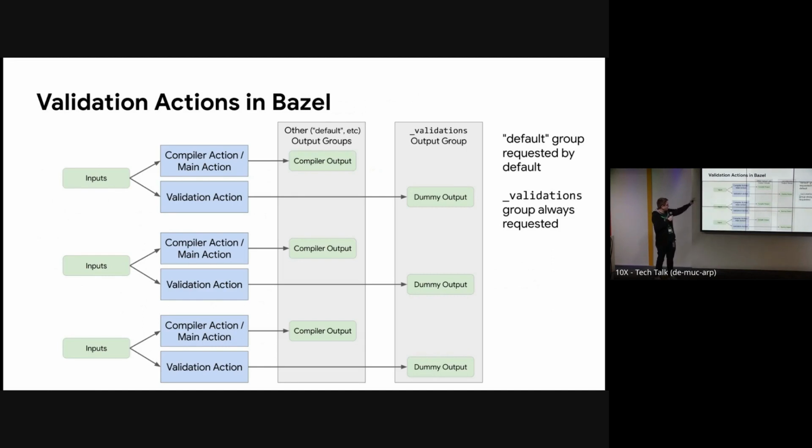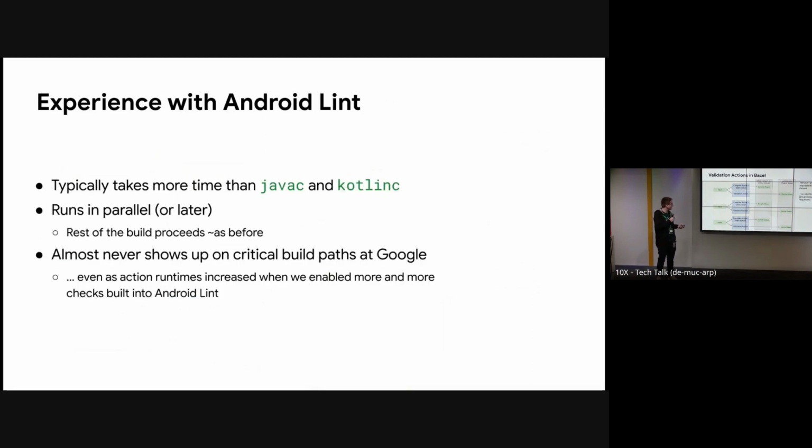You'll have lots of regular main actions and validation actions, and the validation actions' dummy outputs go in the validation output group, and the real outputs go into your regular output groups. And it's pulling all the validation actions to the top of the action graph so they can be run at any time.